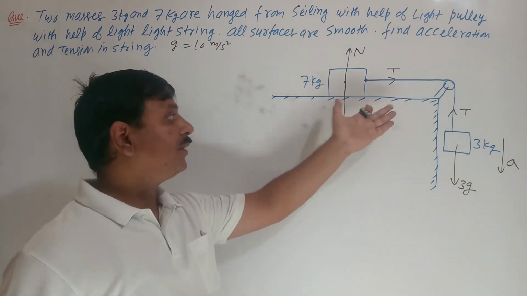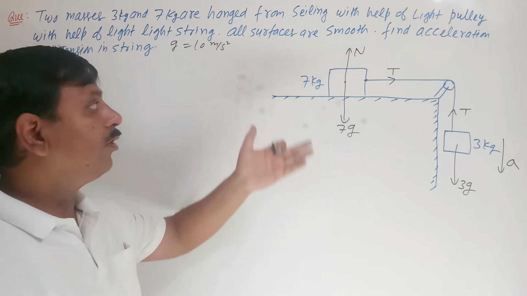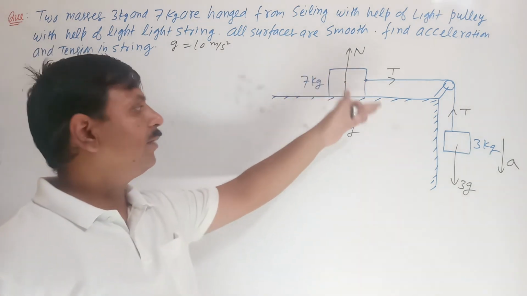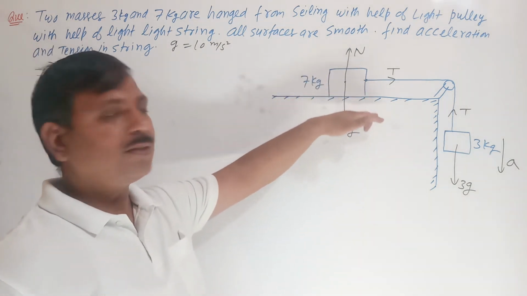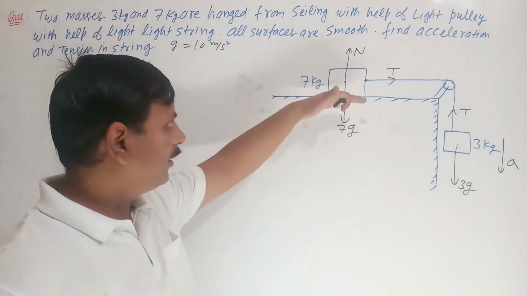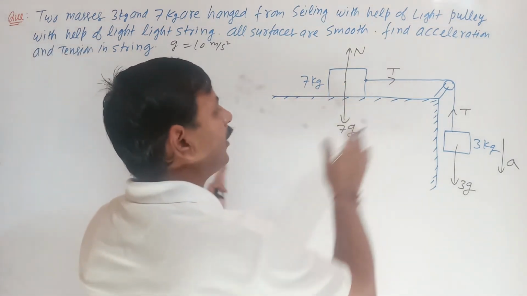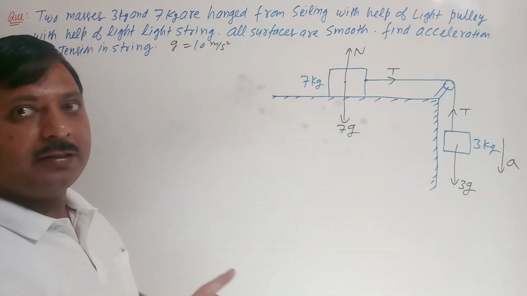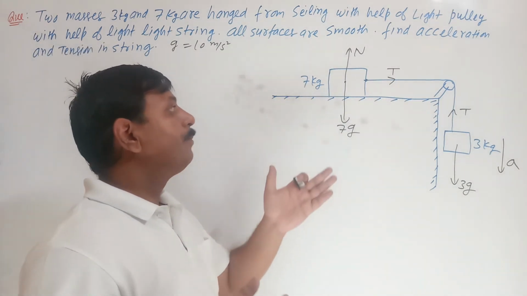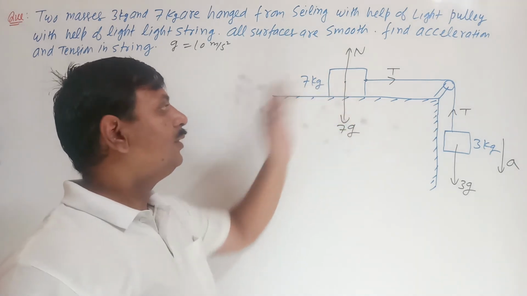If the horizontal surface cannot give sufficient normal reaction, what happens? The surface will break and it will go downward. We have to keep it on a horizontal surface which can give sufficient normal reaction to this object.